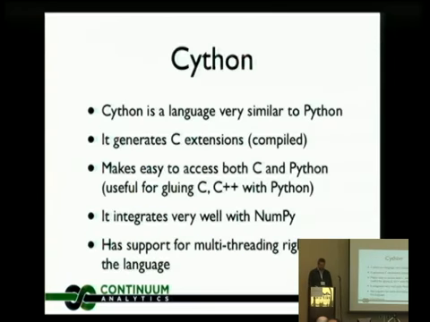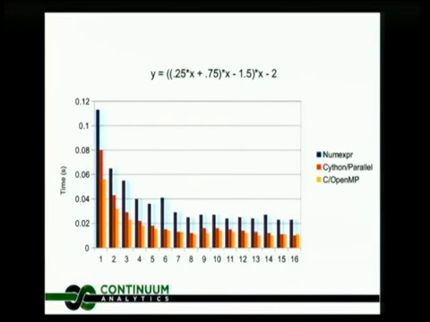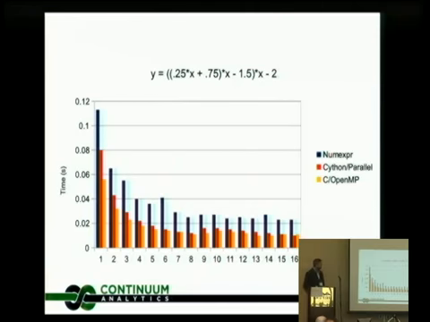So I am not going to cover Cython at all because Ian has already talked extensively about this. But I can show you a final slide where I compare the performance of NumExpr, Cython in parallel using OpenMP, as Ian has shown, and the best version of C that I was able to come up with. And this is for evaluating this polynomial here.